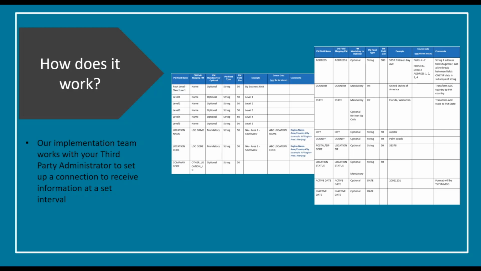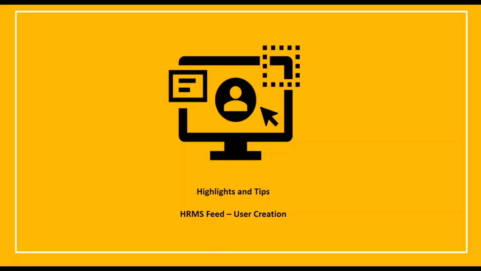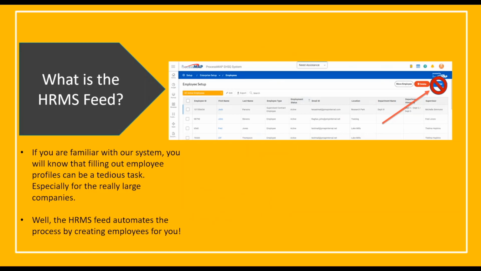The greatest thing about this feed is that it works great with the next feed that I'm about to show you: the HRMS feed, my personal favorite, and the one that I believe everyone should have. So, what is the HRMS? The HRMS feed, otherwise known as the Human Demographics feed, allows employees and users to be created in our system automatically on a daily, weekly, or even monthly basis.